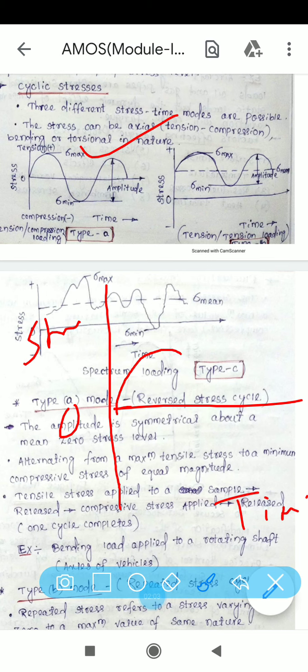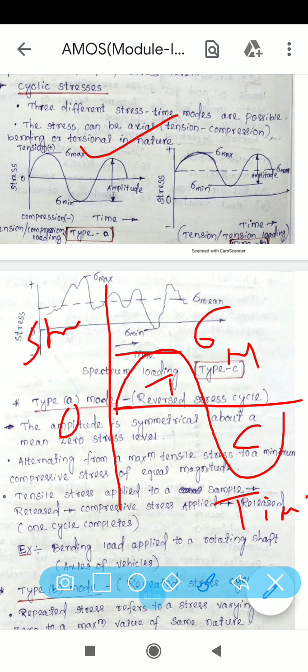This upper side means a half cycle, and this is another half cycle. This one is your tensile stress, and this one is your compressive stress of equal magnitude. This point is sigma max, this point is known as sigma mean, and this is the variable stress sigma v, and the total is known as amplitude.